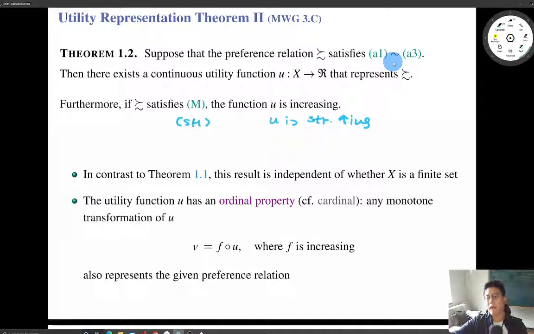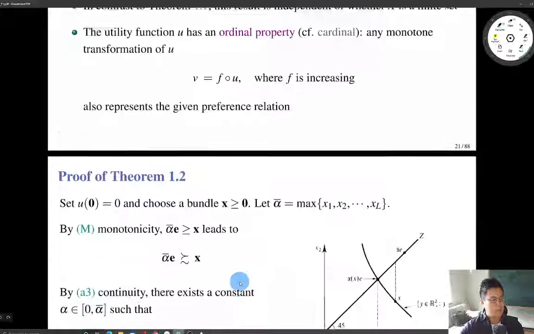It has a nice ordinal property. We don't know what it is, but we know some utility function exists, and any monotone transformation also represents the same preference. So it is preserved under monotone transformation. U has an ordinal property: any monotone transformation also represents the given preference relation. I'm going to prove that in the supplementary video.